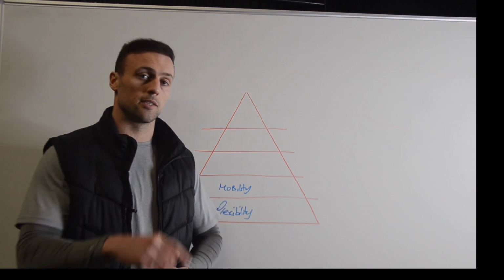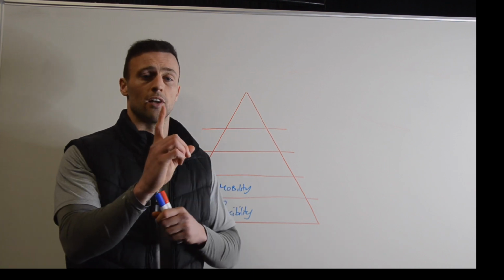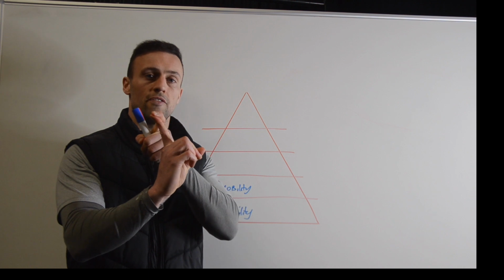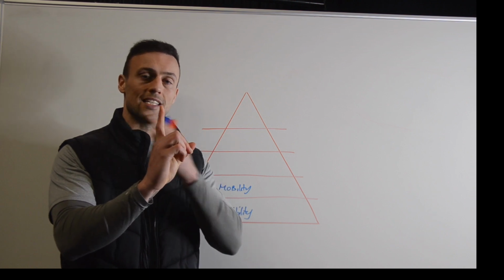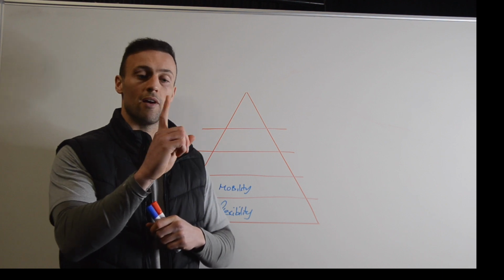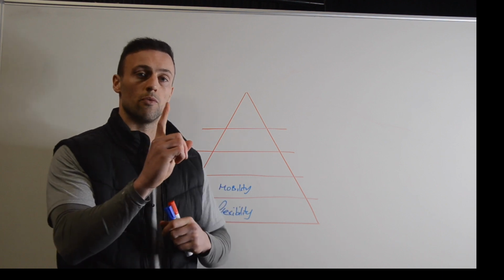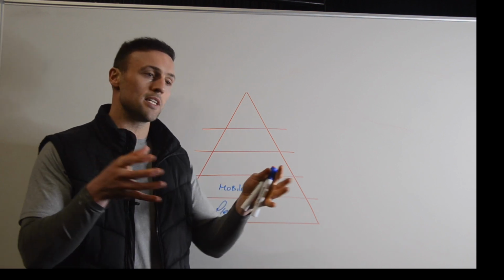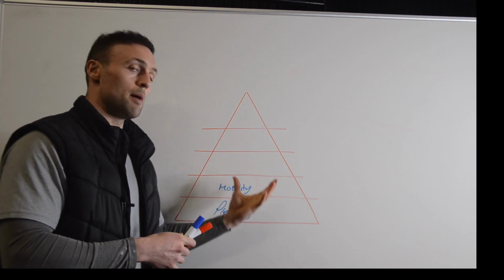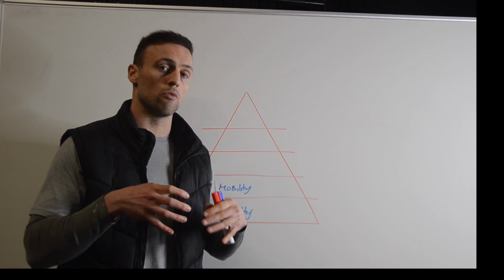Easiest way to think about this: if I lift up my finger like this and I pull my finger back, this is passive range of movement. That's my flexibility. If I try and pull my finger back myself, that's as far as it can go. That is my mobility.